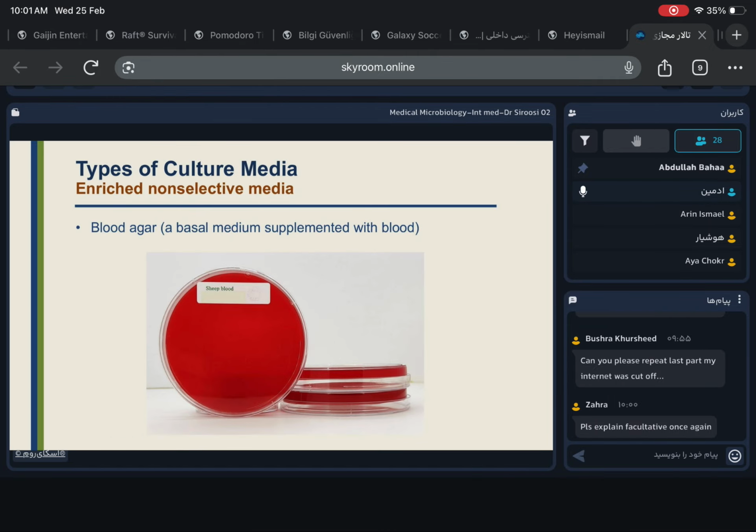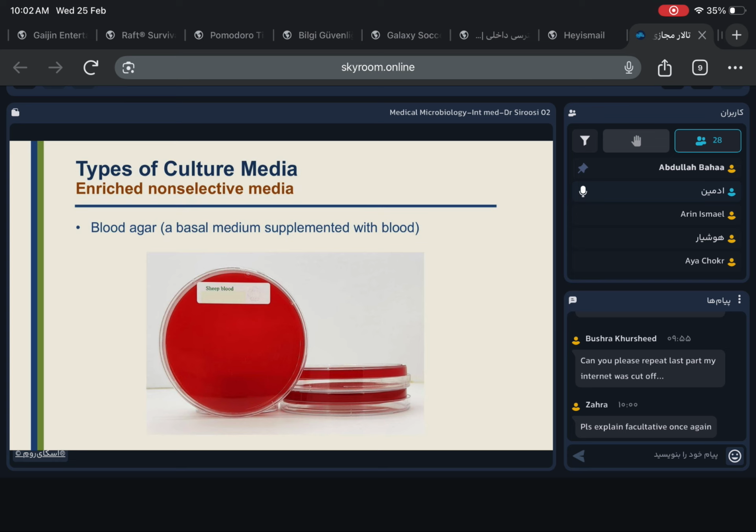So first, let's talk about the first type of culture media, which are called enriched non-selective media. Enriched non-selective media, as you can judge by their name, contain nutrients which are able to support the growth of most bacteria. So they are non-selective, okay?